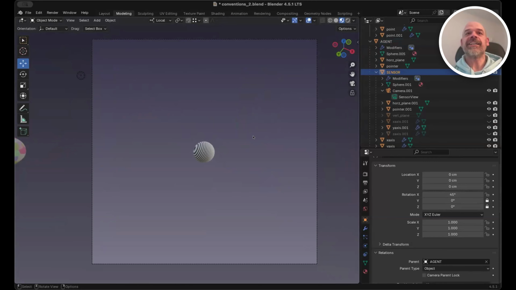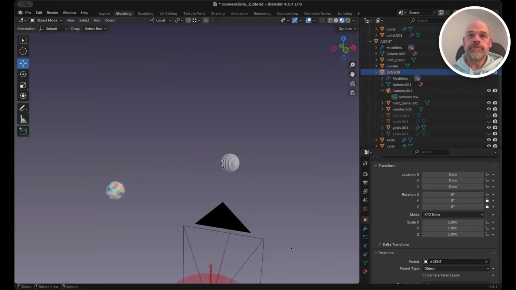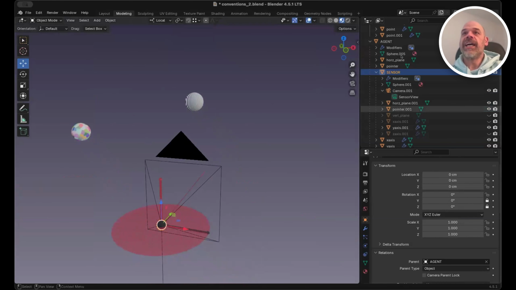I guess maybe the quickest thing to demo here would be to show what happens if I do this in reverse order. I'm just going to reset everything.